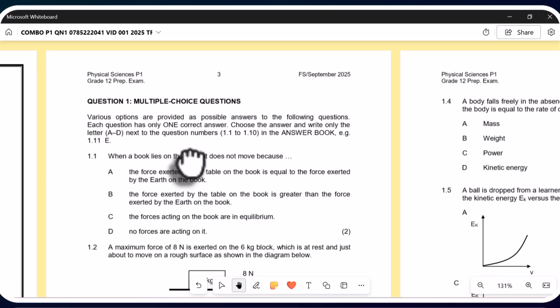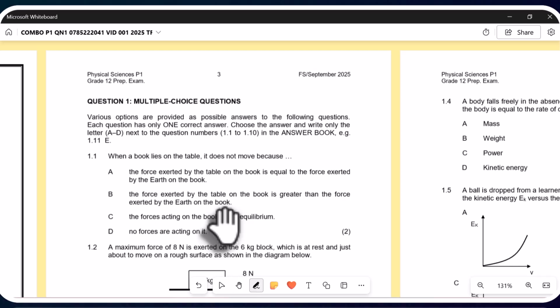Next question, they said that a maximum force of 8 newtons is exerted on the 6 kg block, which is at rest and just about to move on the rough surface, as shown in the diagram below.